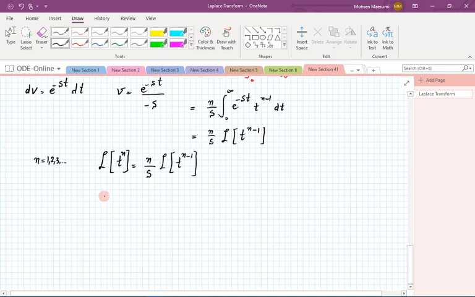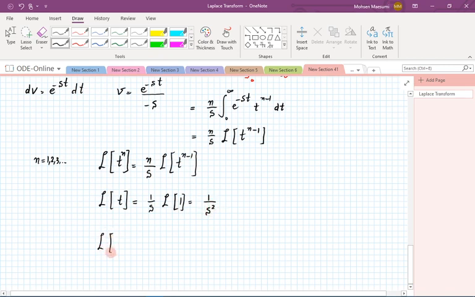Let's apply this. What's the easiest application? Let's take n equal to 1. Laplace transform of t, this is 1, and this is t to the power of 0, which is just 1. Laplace transform of 1, you remember, was 1 over s, so this becomes 1 over s squared.